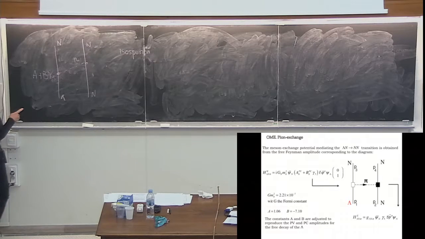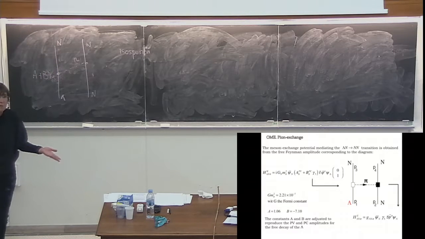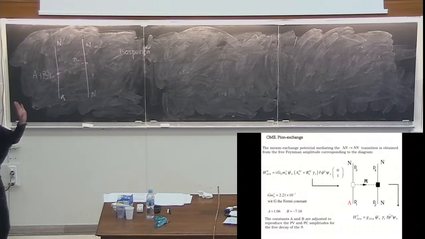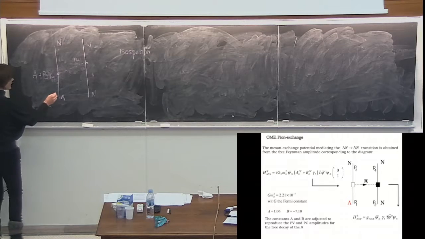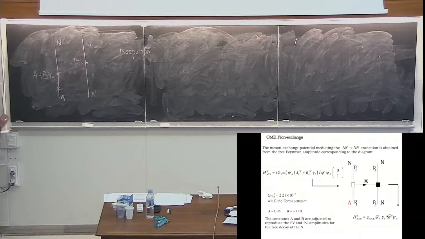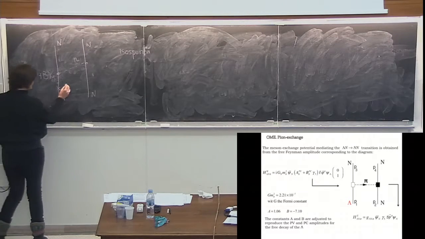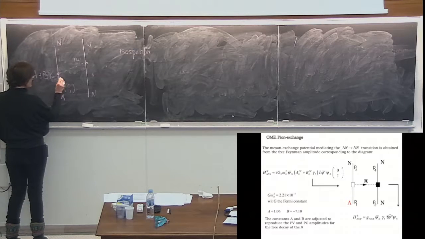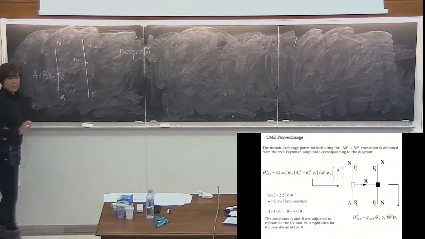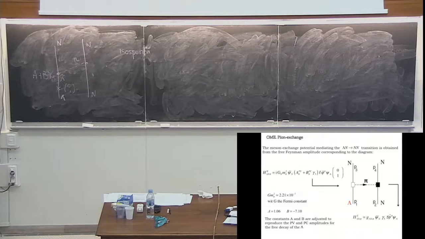So in order to apply all the known formalism related to isospin to these diagrams, in the same way we do for the strong interaction, what we do is to couple the lambda to an isospurion, in such a way that you get a particle which has 0 charge, as the lambda is, but now has some isospin.